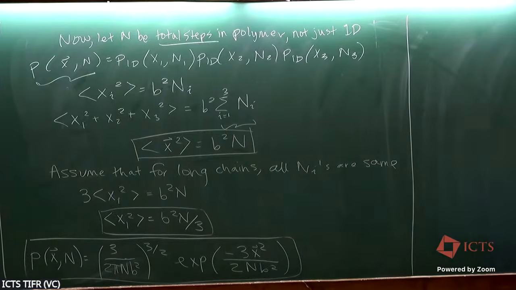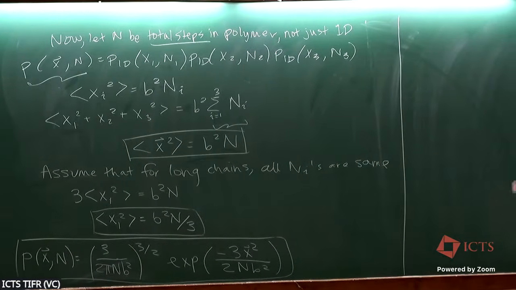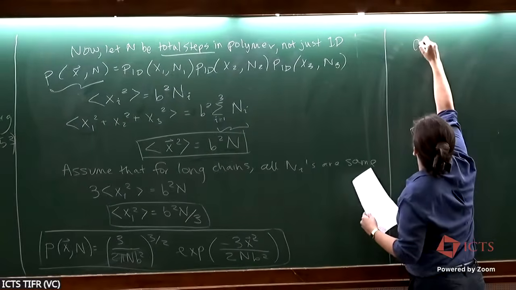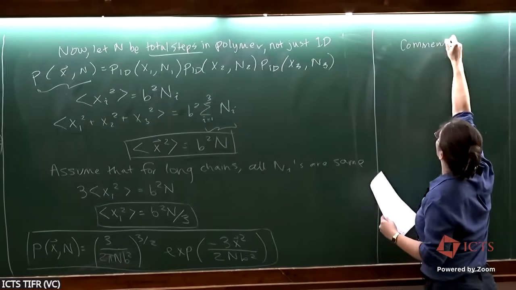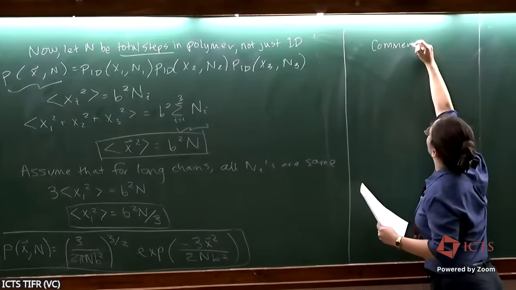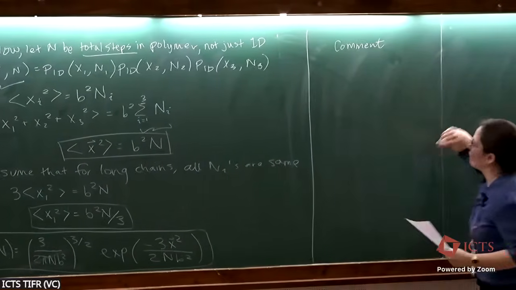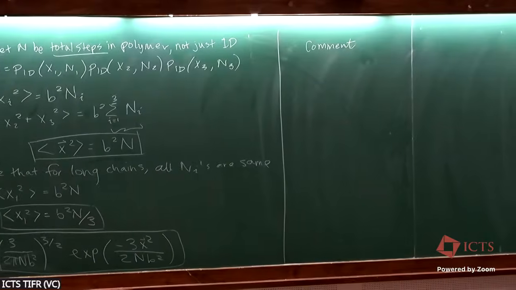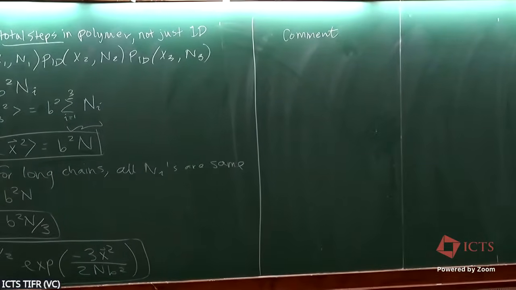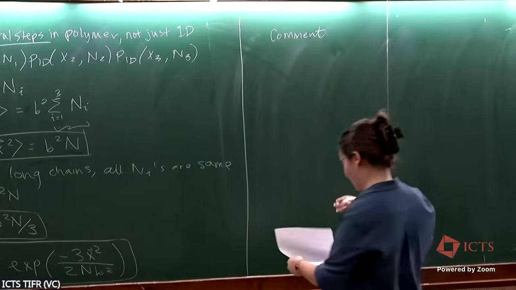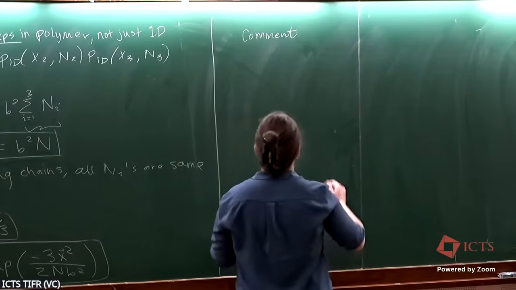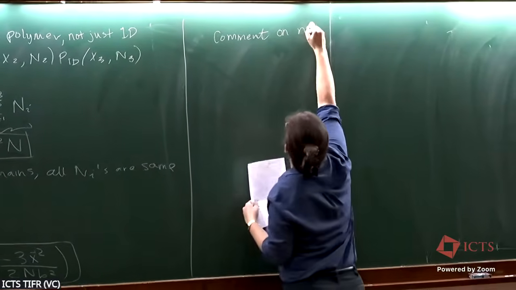So before moving on to networks, I want to comment a little more on a question that I have appreciated getting: is this really a good model for polymers and under what circumstances? So, a comment on neglecting interactions.